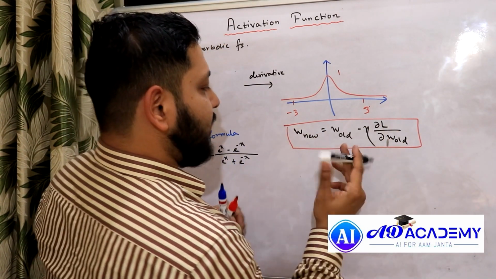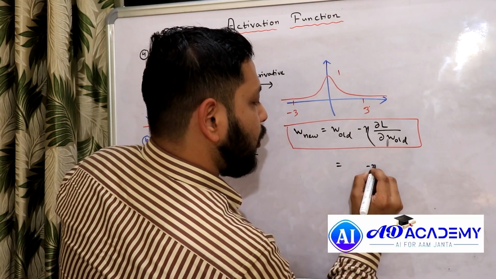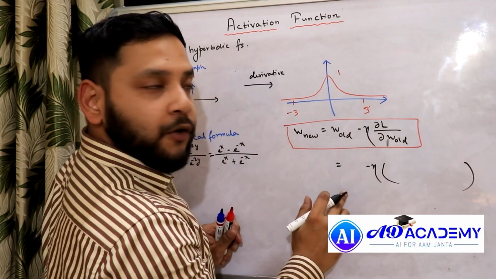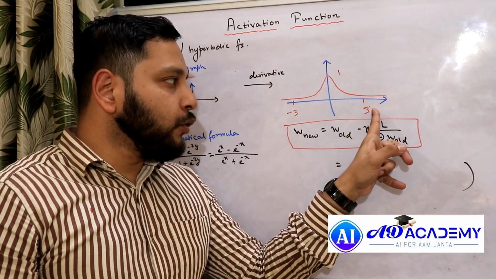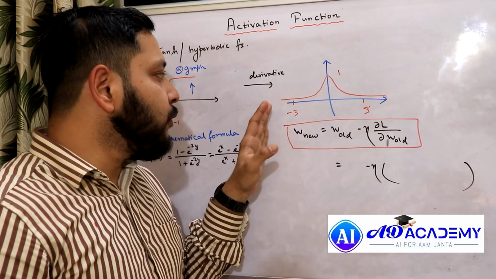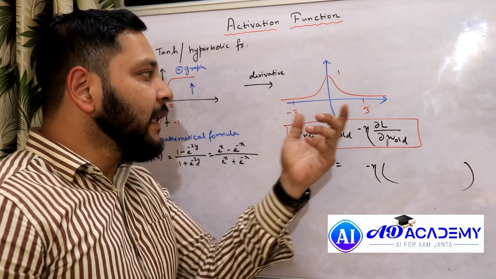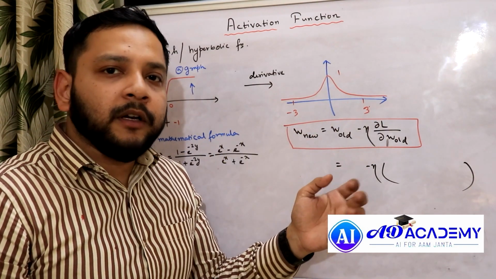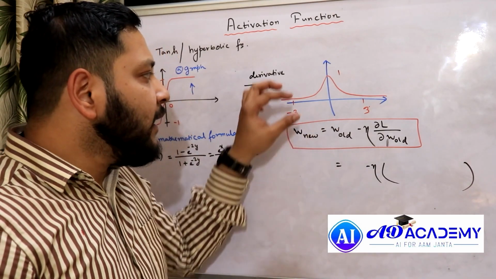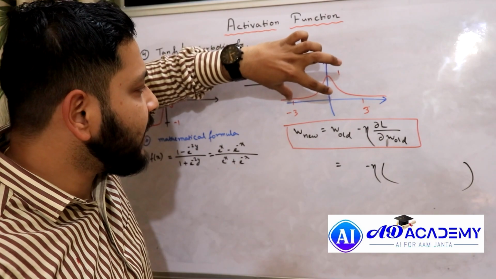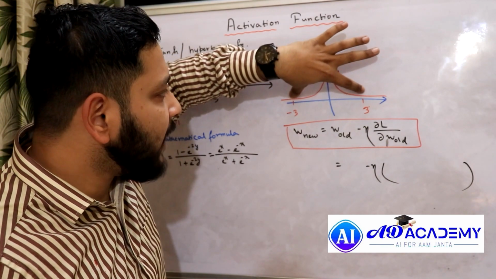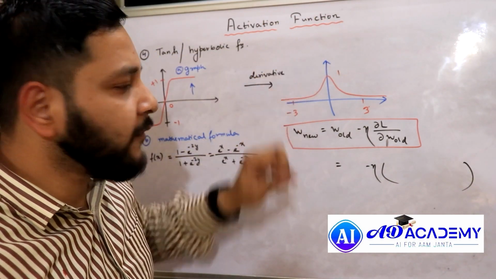Now what happens here is that due to this chain rule, if the value goes beyond 3 and if the value goes beyond -3, then the derivative of the function will be nearly 0. And since the value lies between 0 to 1, even for x lying between -3 to +3, the value will be something very small.